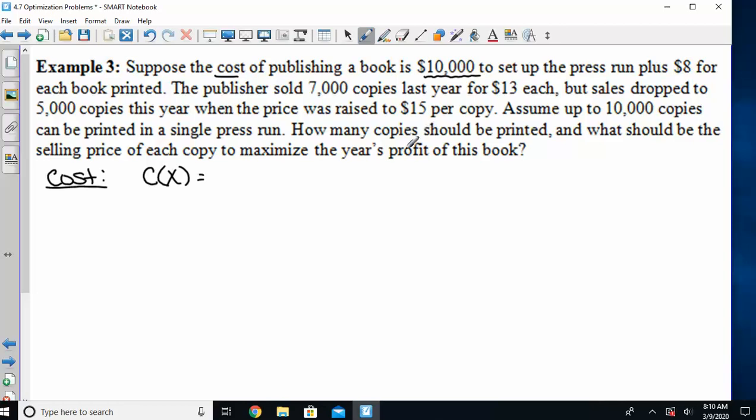It's like your y-intercept. And then you pay $8 for each book. So 8 would be like the rate of change, the slope in this. Okay, so our cost equation is just 8x plus 10,000. $8 for every book plus 10,000 to set up the press.